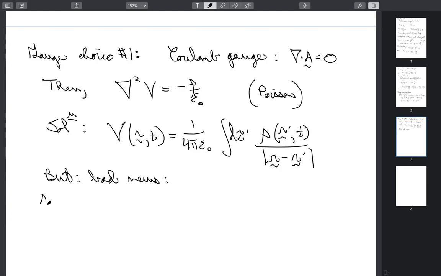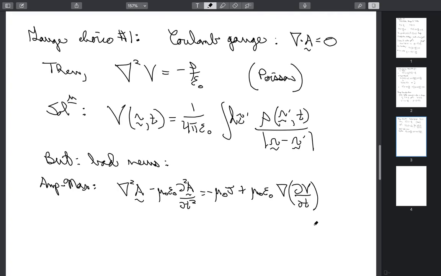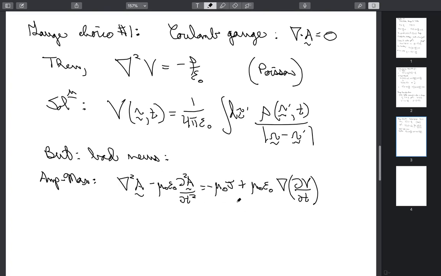So if I look at Ampère-Maxwell, then it becomes Laplacian of A minus mu 0 epsilon 0 second derivative of A with respect to t is equal to minus mu 0 j. But then, this other term here that ruins the party, grad of dV dt. This extra source term in there makes it quite difficult to find a solution for all of this.